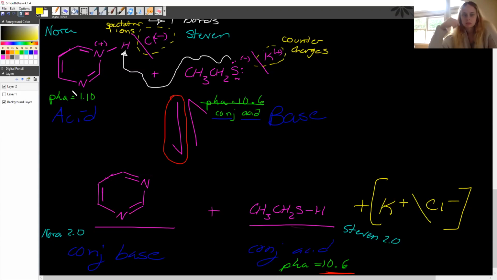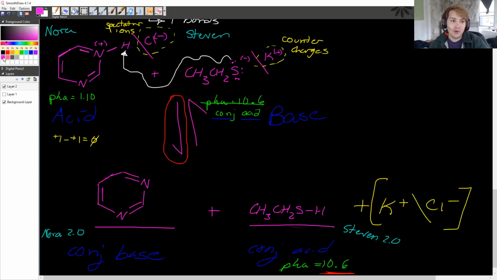Good question. So if we take a look at how the charges work out, currently it's +1. It's losing that positive charge from the hydrogen, which makes it neutral. And I try to stay away from the arrows because it's a little bit too early in the course and people tend to get confused about it.